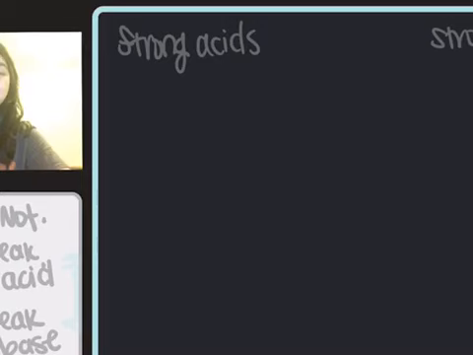So the first one we can look at is HBr, a strong acid. We have HNO3, nitric acid, a strong acid. We have hydrochloric acid, hydroiodic acid, so it's important to know these names as well.